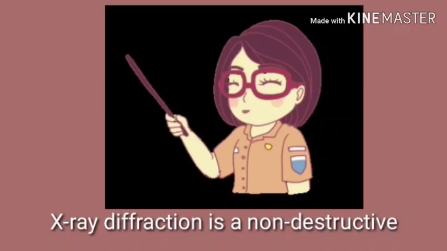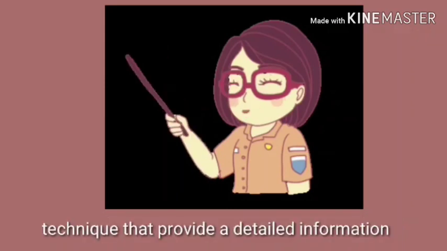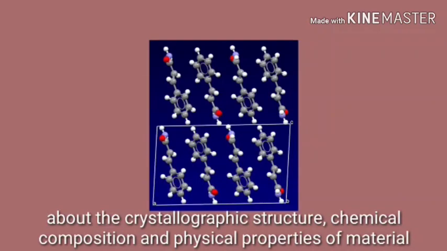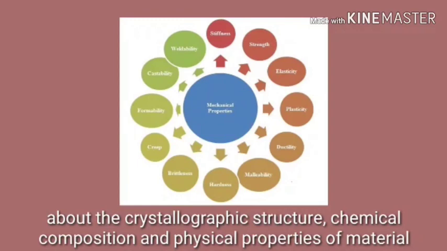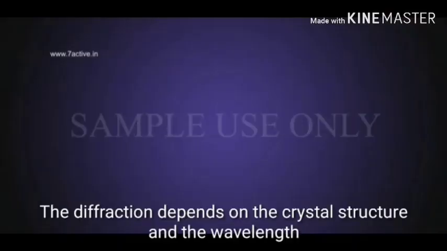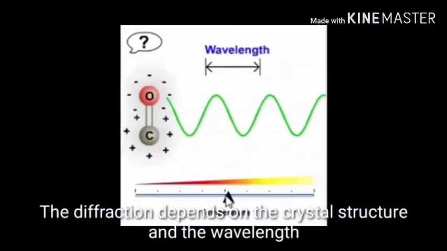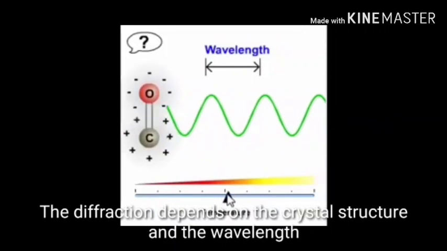X-ray diffraction is a non-destructive technique that provides detailed information about the crystallographic structure, chemical composition, and physical properties of material. The diffraction depends on the crystal structure and the wavelength.